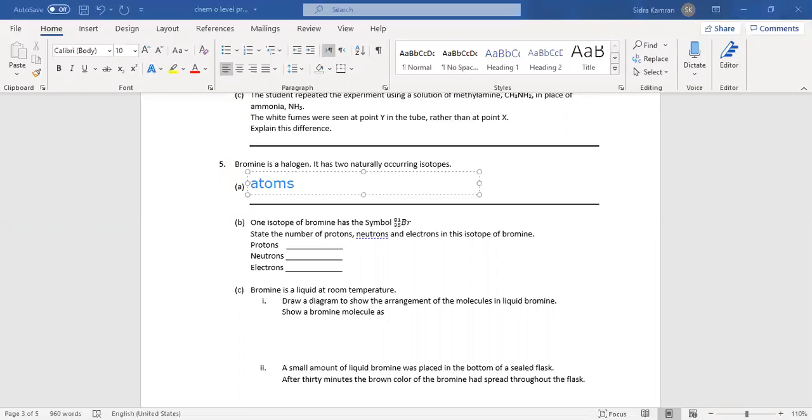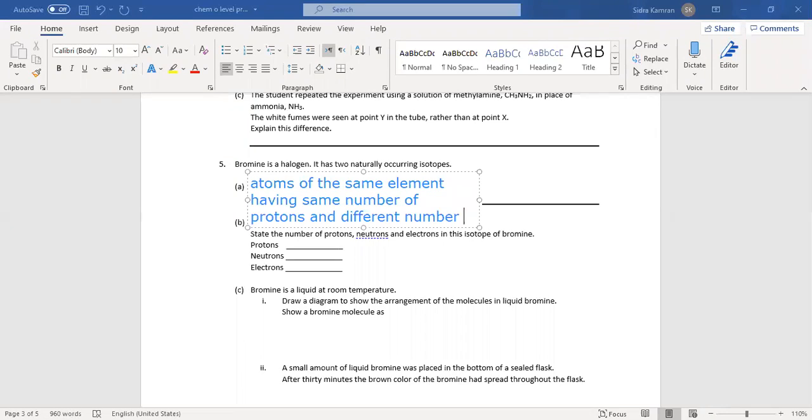Atoms of the same element having the same atomic number, or you can say the same number of protons, and a different number of neutrons, are called isotopes. So you have to just define this in part A.